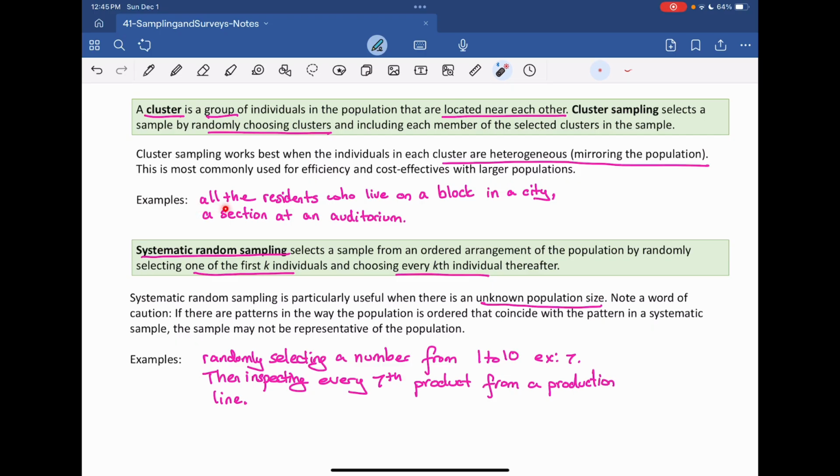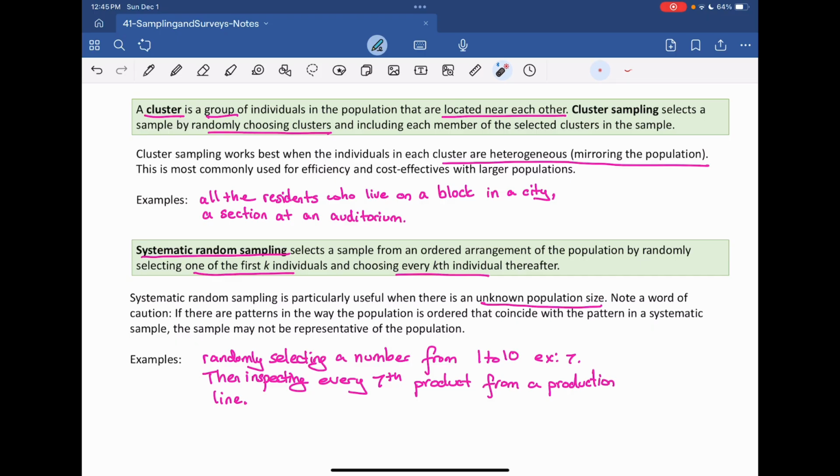For example, all residents who live on a block in a city. So the cluster is the block and all the people in the block of a city. They're located close to each other, and perhaps they mirror the population. They should mirror the population. If they don't, then you should not do the block system in a city.